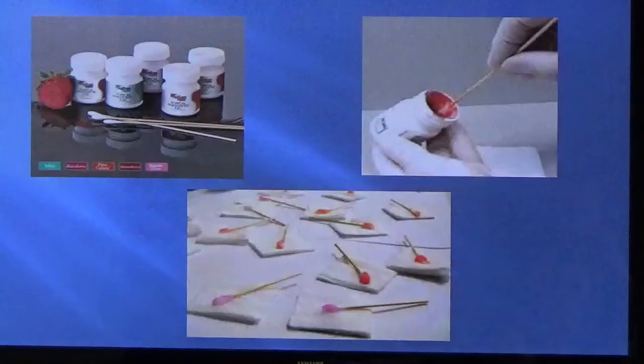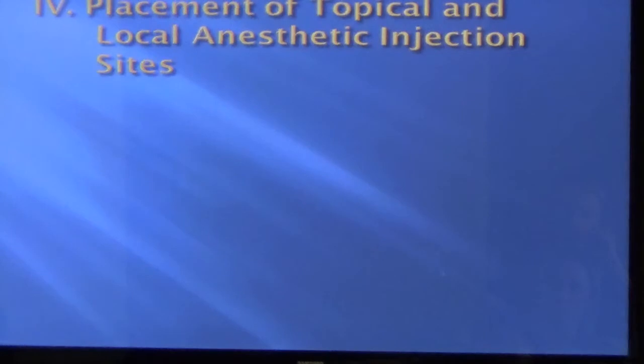So you use either a cotton tip applicator, or you can put it on a gauze like that. They put it into that little container so that it's not hitting the instruments, because if you get this on the instruments they get all slippery. So it just keeps it covered. But whatever way to apply it, that may differ from office to office.